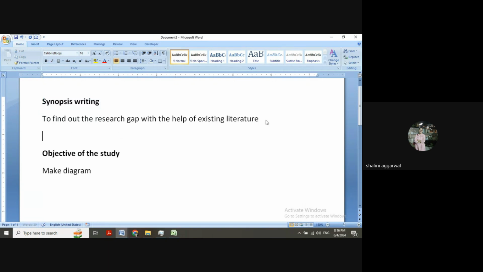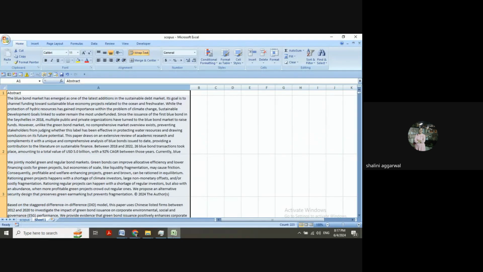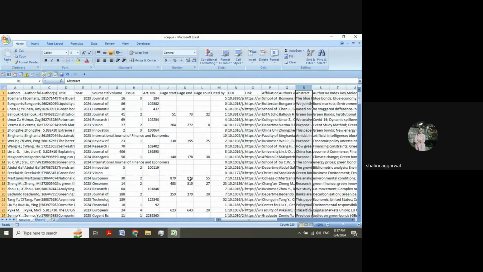And here you can take the help of Google Scholar. You can take the help of scopus.com and Web of Science. These are the two other databases, scopus.com and Web of Science. In Scopus.com or Web of Science you will get this kind of a CSV file. Even from the Scopus database or Web of Science, you will get almost the same kind of a CSV file, right?